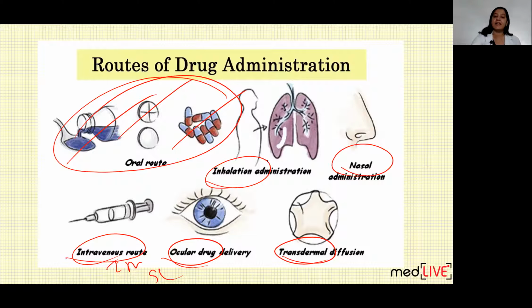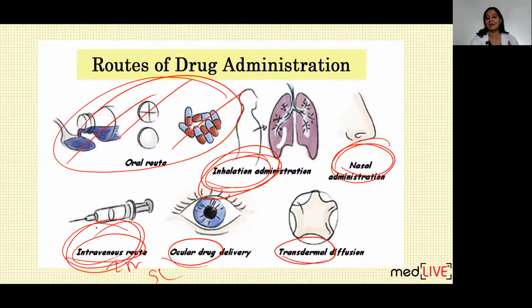If you are taking any drug through the inhalational route, the drug will go first to the lungs. From the lung capillaries it will be absorbed and reach the blood. If you are taking any drug through the nasal route, from the nasal blood capillaries it will be absorbed and reach the systemic blood. If you are taking it through the intravenous route, it will directly reach the blood. Only the intravenous route is a route in which we give the drug directly into the systemic blood, and there is no need of absorption.